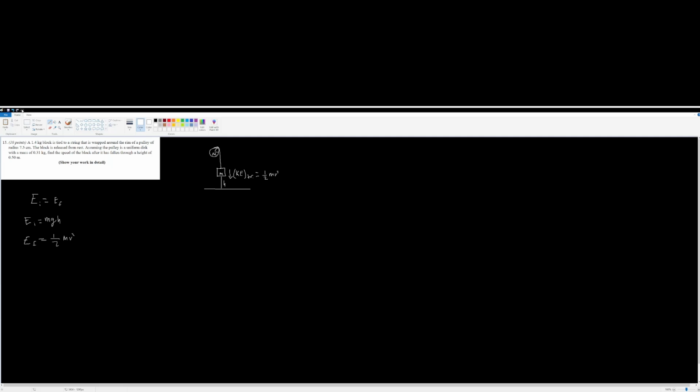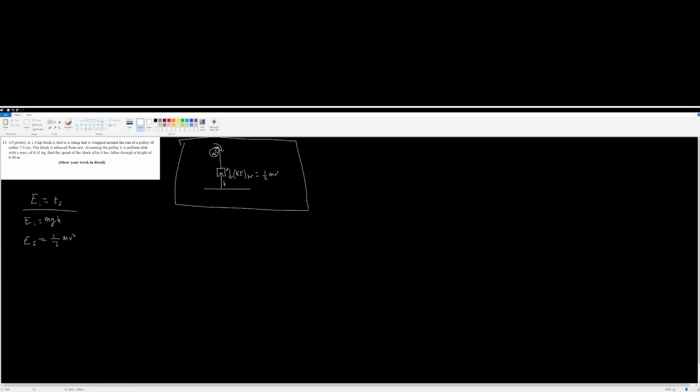But we have an entire system here in which the energy is conserved. Some of this potential energy at the beginning is actually going to be transferred into this pulley system. Otherwise, this disk wouldn't spin at all, and this mass wouldn't be able to fall. Some energy has to allow this disk to rotate.